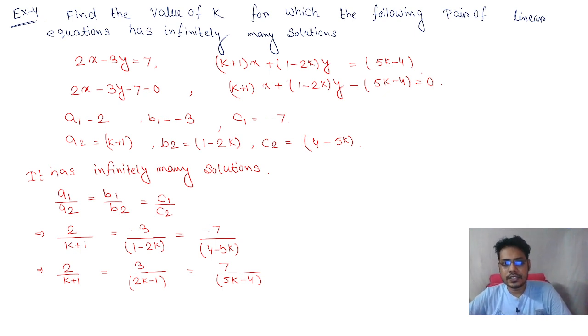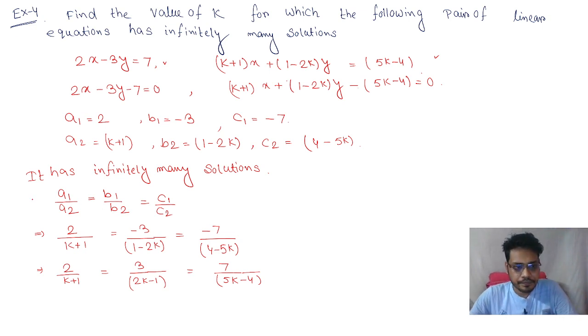Now write this second equation; if this is equation number 1 and this is equation number 2, you can write in the form a2x plus b2y plus c2 is equal to 0. By comparison, a2 is k plus 1, b2 is 1 minus 2k and c2 is 4 minus 5k. So it has infinitely many solutions.